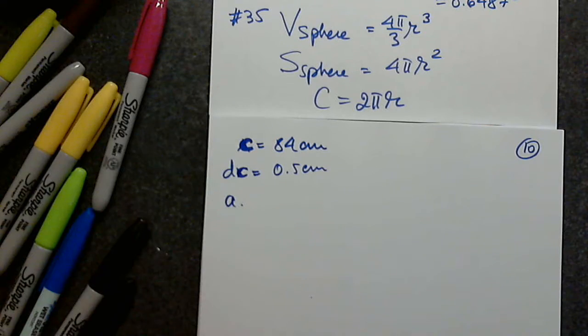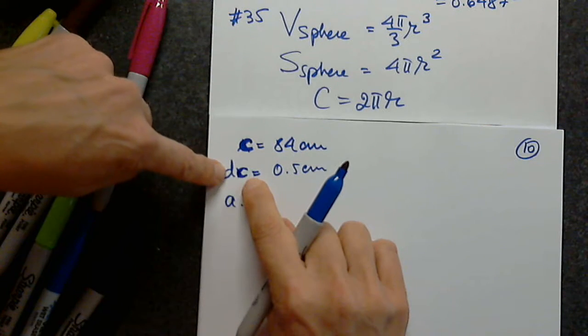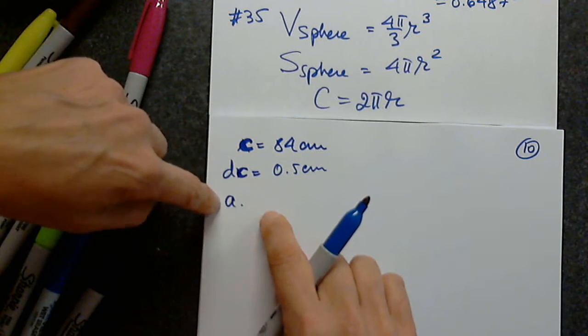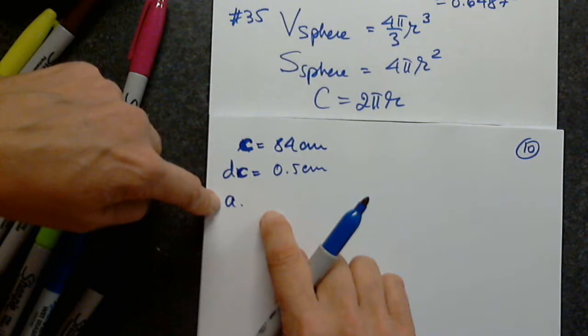So an error in the circumference will trigger an error in the area.